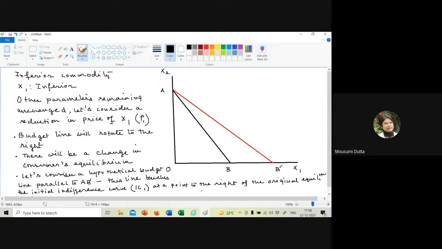However, since the relative price is changing, now we are getting a flatter budget line, we will not be able to consume at the initial equilibrium point. However, the consumer will be able to consume at a new equilibrium point on this hypothetical budget line, which is to the right of the original one.